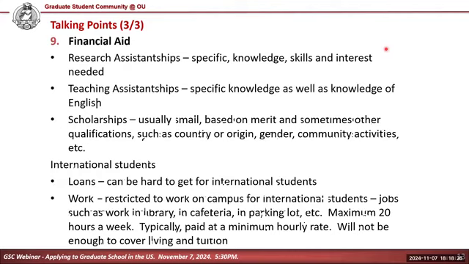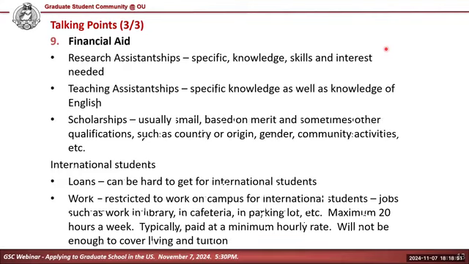At the University of Oklahoma, a person who works 20 hours a week will get $400 a month, which is not even enough to cover tuition. So working 20 hours a week is a killer, because you have to take a full course load. You cannot take a half course load or anything like that. And so it is important to strive for a research assistantship.